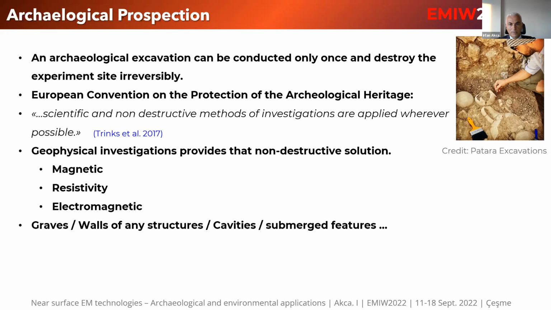So the European Convention admits the scientists to work with non-destructive methods of investigations whenever it's possible to apply. And geophysical methods like as magnetic, resistivity, and electromagnetic may provide these non-destructive applications to explore the archaeological places.